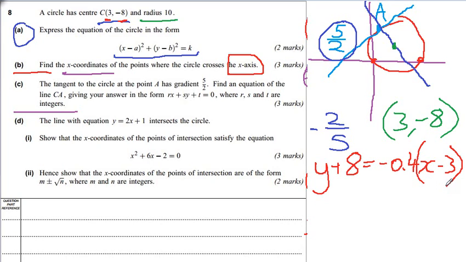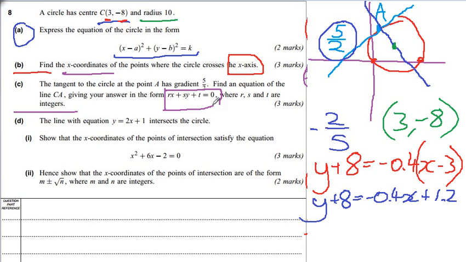Right then, let's times out the brackets and move some things across. So let's go for my blue again. Y plus 8 equals minus 0.4x plus 1.2. Now if you're using fractions, you obviously have a slightly varied version of this, but 1.2 it is for now. And the next thing we can do is try and get it, because we're trying to aim for this form here with a 0 on one side.